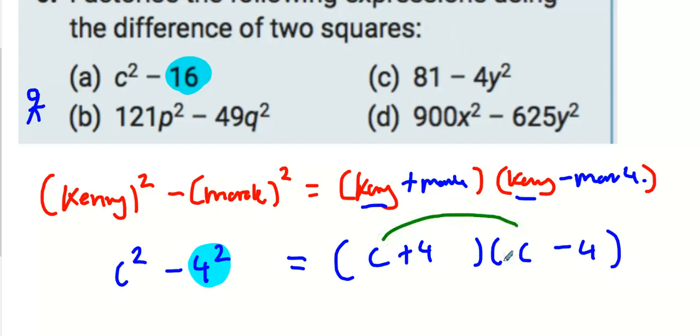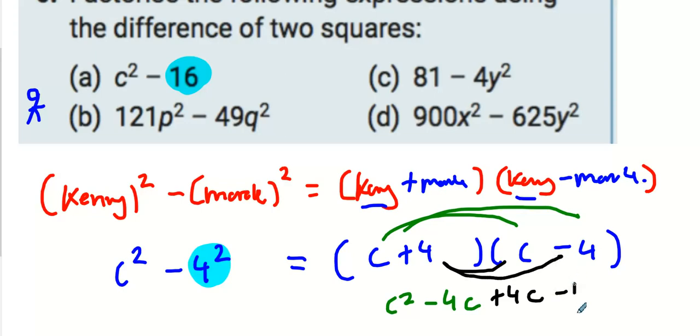C times C. C times minus 4, minus 4C. I'm multiplying the C by the minus 4. It's called 4 lines for a reason. 4 lines means you have 4 things when you multiply it out. 4 times C. 4 times minus 4. Does everybody see that I wrote down 4 lines and what do I have underneath? 1, 2, 3, 4 parts.